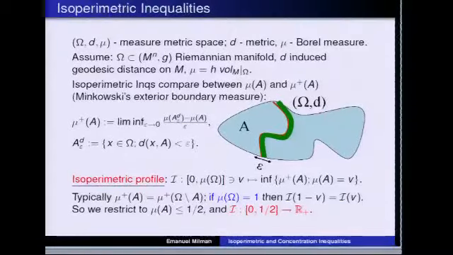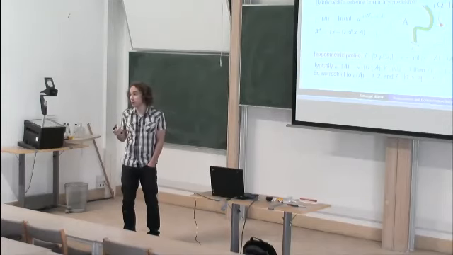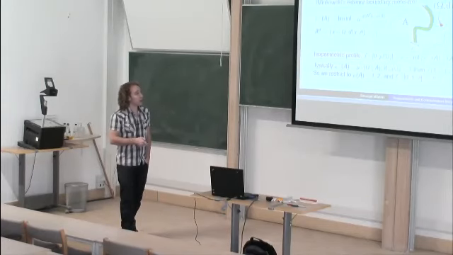In principle the limits could be different, but under very mild assumptions for generic sets A, it will be the same. Therefore, if, for example, the total measure of our space is finite, in which case I could renormalize and assume that it's equal to 1, then automatically this symmetry property will be inherited by the function I. So I(1 − v) is going to be equal to I(v), simply because we can look at the complement of the set and take its boundary measure.